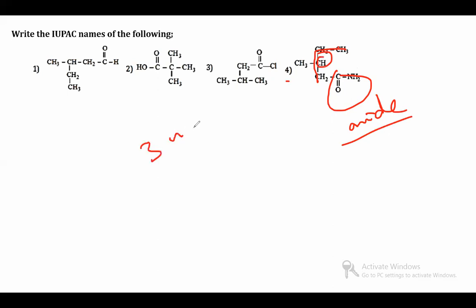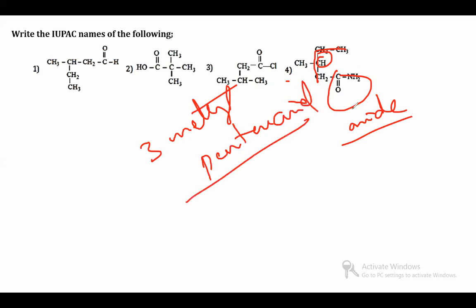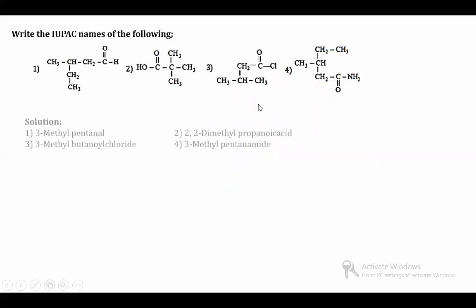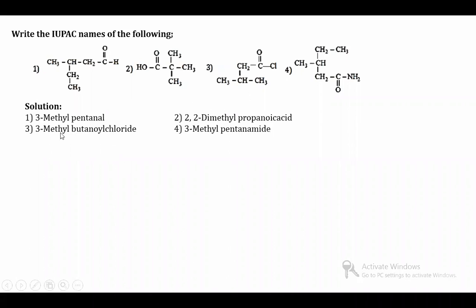So we can write 3 methyl. 5 carbons are there, no? Pentane is replaced by amide, pentanamide. 3 methyl pentanamide. So we can check what we have written as answers. First one 3 methyl pentanal, 2, 2 dimethyl propanoic acid, third one 3 methyl butanoyl chloride, and 3 methyl pentanamide. Okay, so this is for the normal.